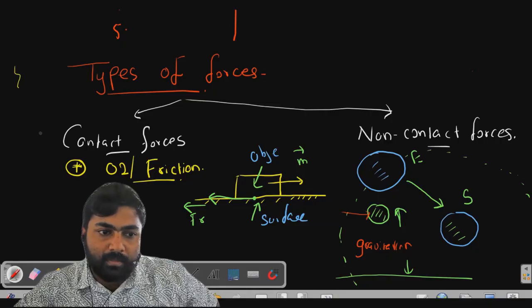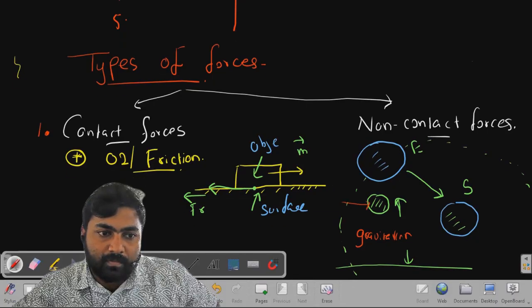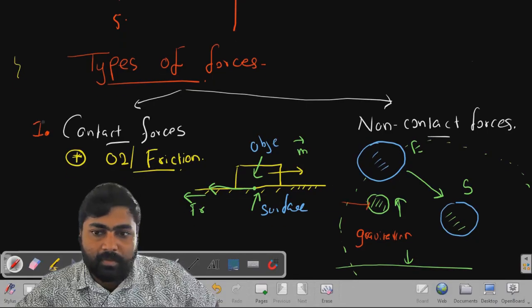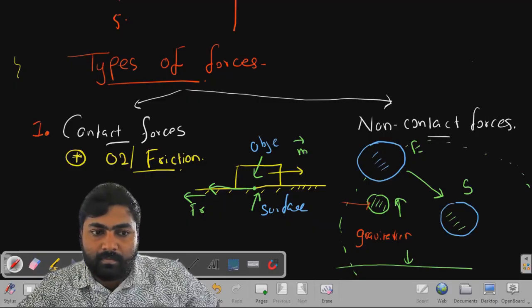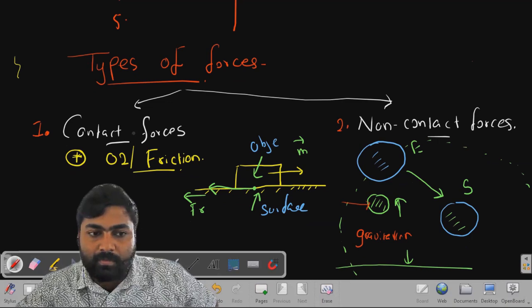Number one, contact forces. Second one is non-contact forces. First one is contact forces.